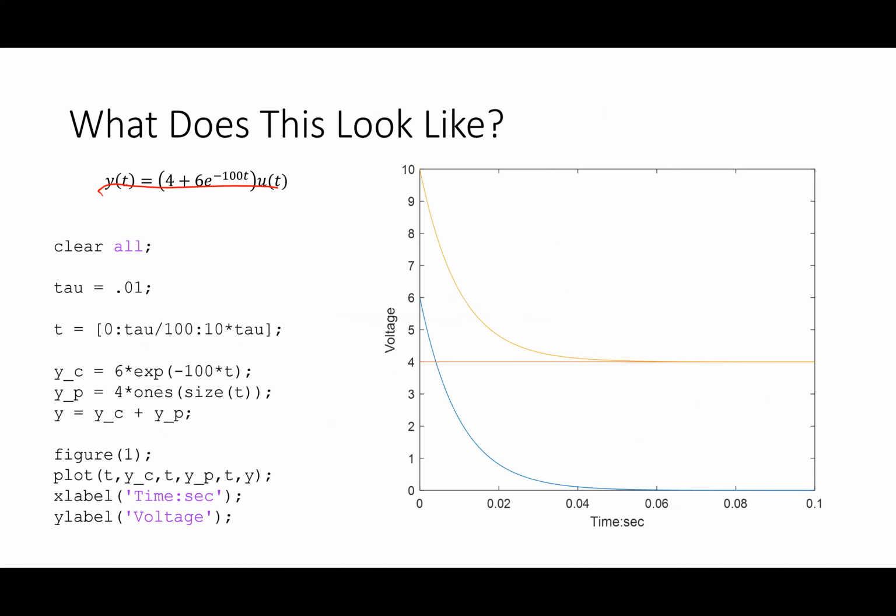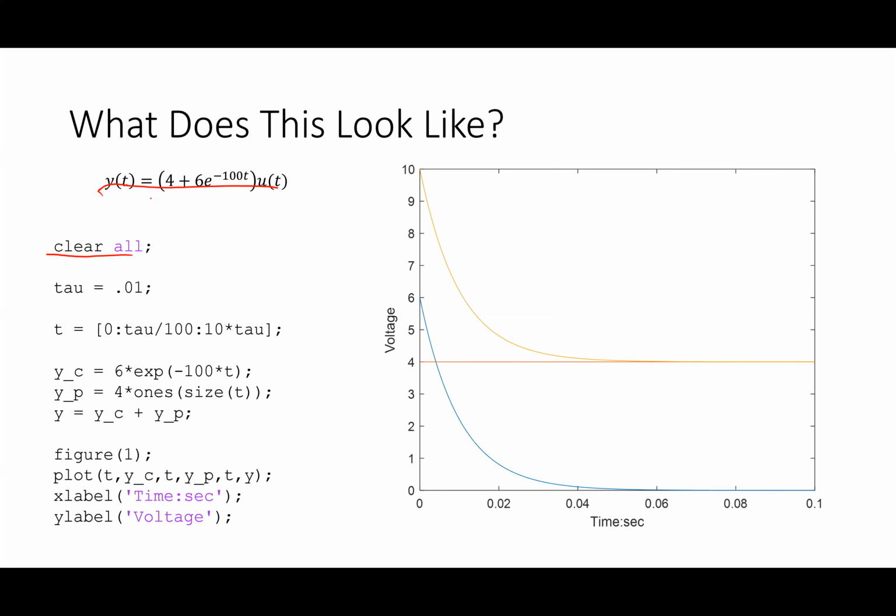Okay. All right. So here's my MATLAB code that I put together to look at this. I cleared, I do like I should in any piece of code, I clear everything, or at least clear what's relevant. Then in this case, I said tau is equal to 0.01, my time constant.